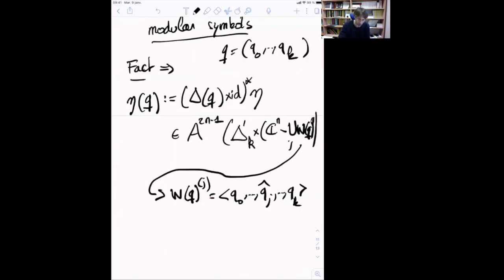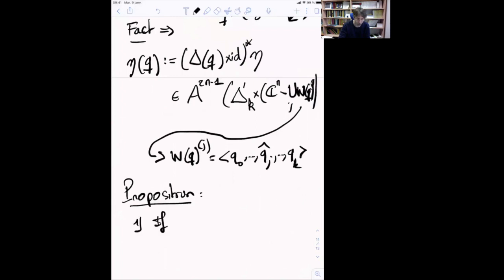And the proposition is that if the subspace spanned by the QK is a proper subspace of Cn, then because we have precisely erased all this direction, and we are integrating on something that sits only at infinity, the integral is just 0.